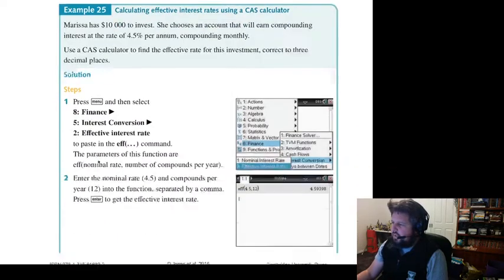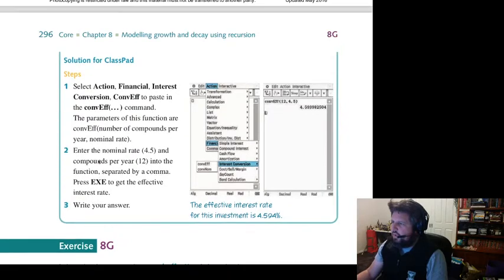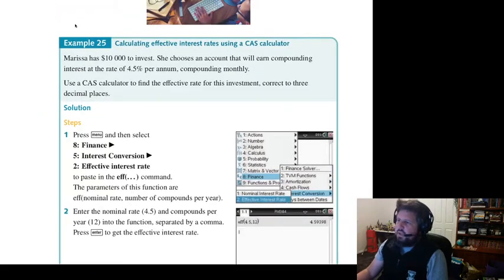Next one is a calculator task. Let's read here. This is Marissa. She has $10,000 to invest. This one she's investing, and she's choosing an account that will earn compounding interest at 4.5% per annum, compounding monthly. It says use your CAS calculator to find the effective rate for this investment correct to 3 decimal places.